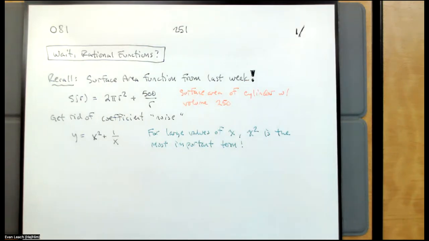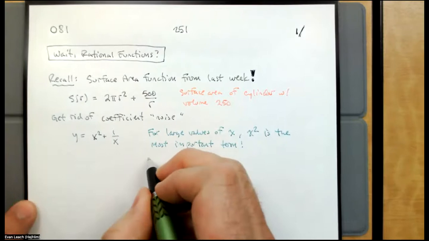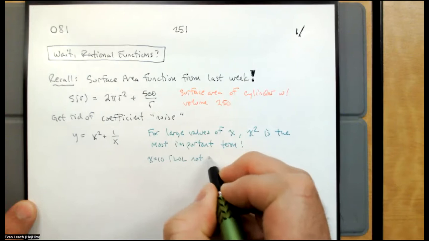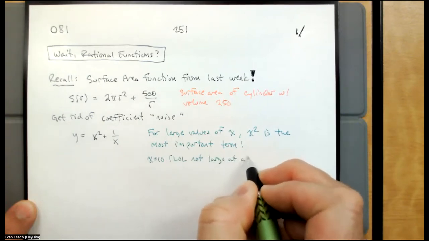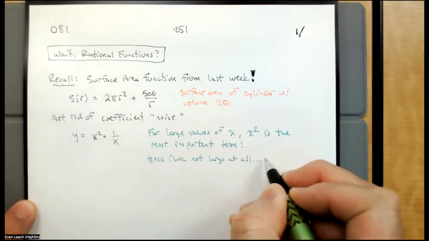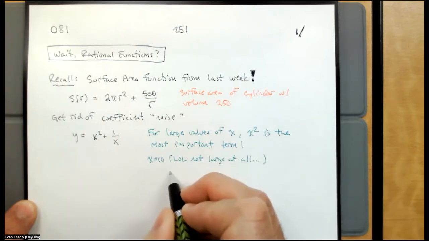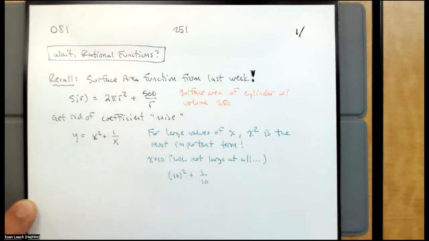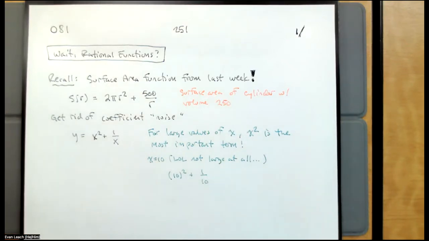Even if x is only 10, which is not large at all, the x squared is 100, and the 1 over x is 1/10. This is only exacerbated further for larger values of x.